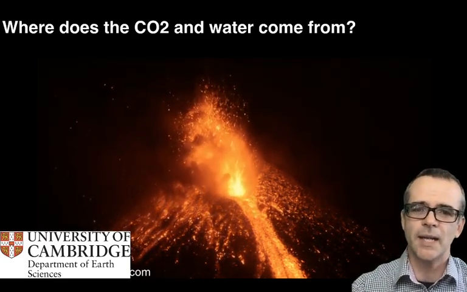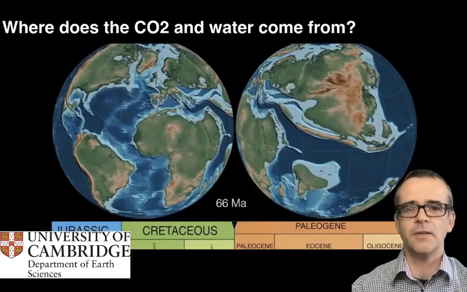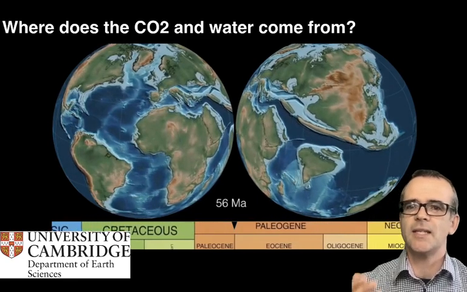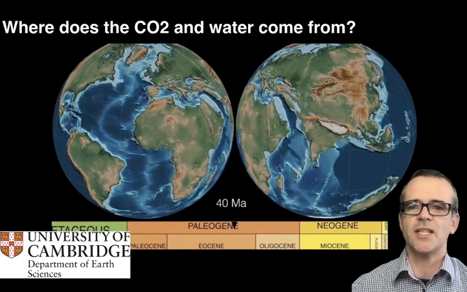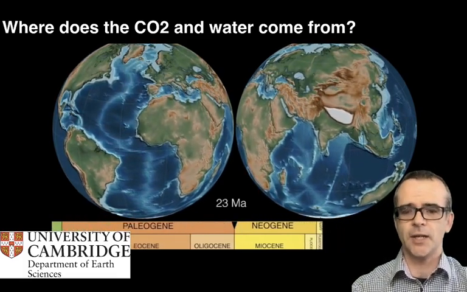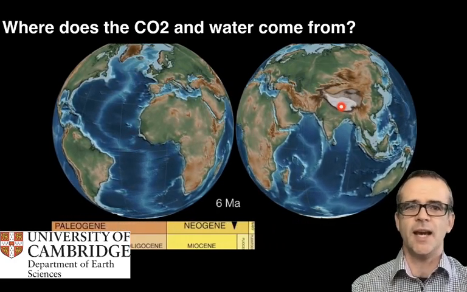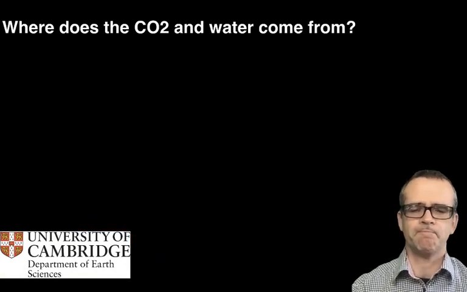So ultimately, the amount of greenhouse gases in the atmosphere is going to be driven by the rate at which plate tectonics proceeds. This is just an image showing how plate tectonics have changed over the last 65 million years: the opening of the Atlantic Ocean, for example, the collision of India into Asia, and the opening up of the Indian Ocean.